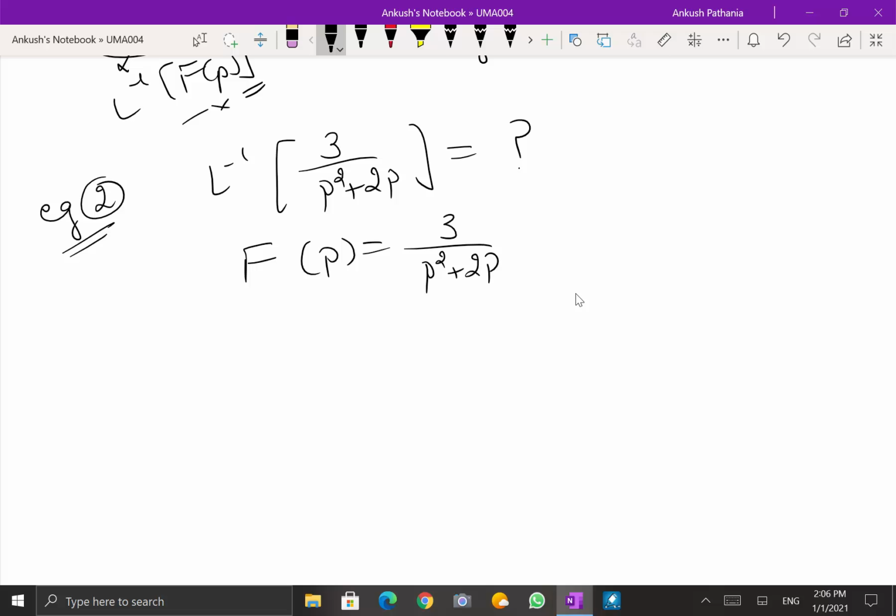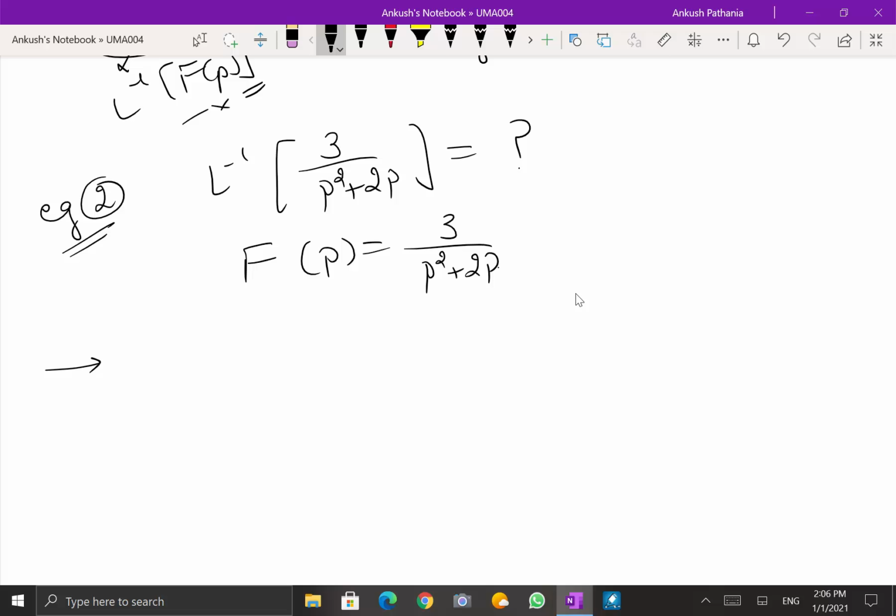Now you can see here, just by looking at the f(p), you can't say that the Laplace of this f(x) is equal to this f(p). It does not correlate with this f(p) in the present form, at least.